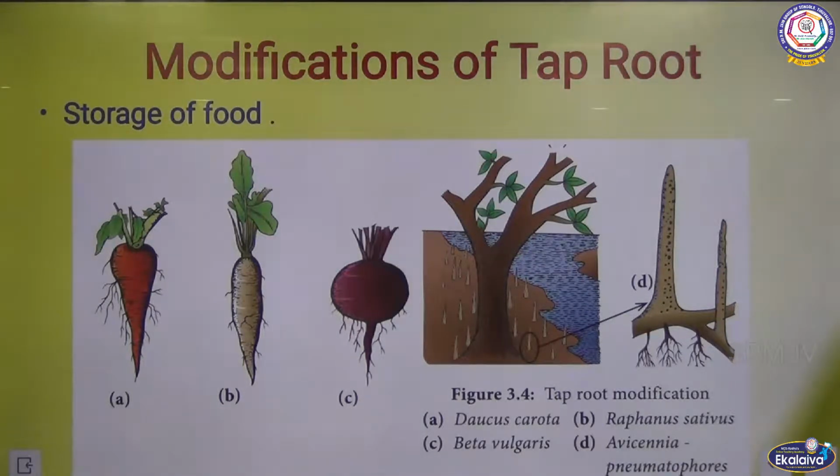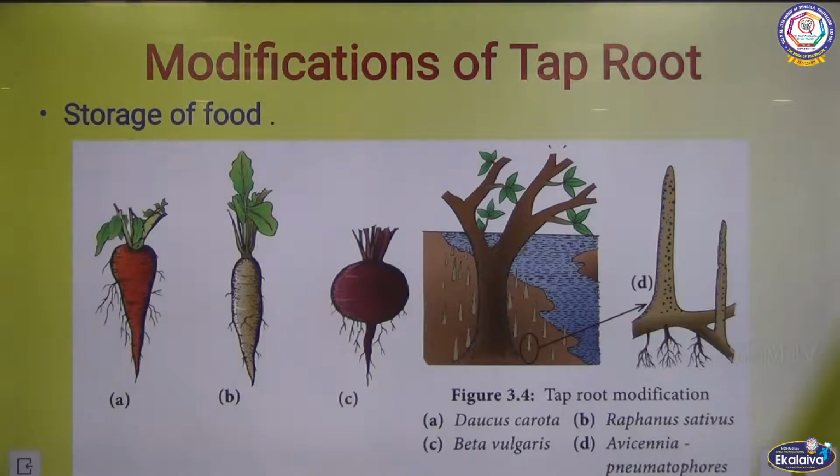And the second picture what you see there is an example of breathing roots, which you will find in plants like Avicennia. The plants which are growing, that is the mangrove plants which are growing in saline conditions, you will find the roots develop for respiration, and they have a number of breathing pores called pneumatothores.